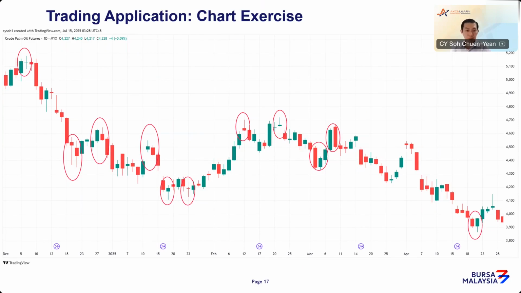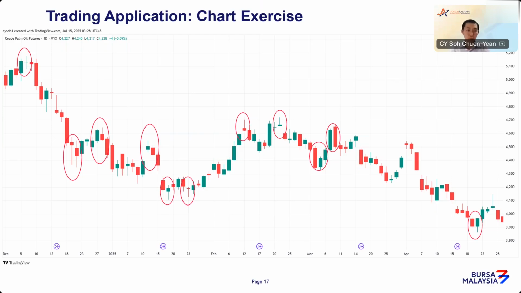Before a reversal can occur, there must be a clear existing trend. What do we mean by that? Before the circle, you can see there is actually a trend, whether it is an uptrend or a downtrend.